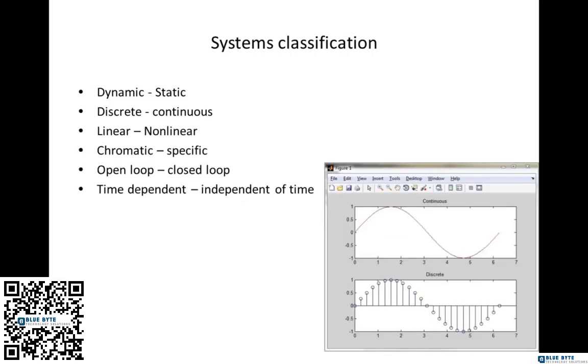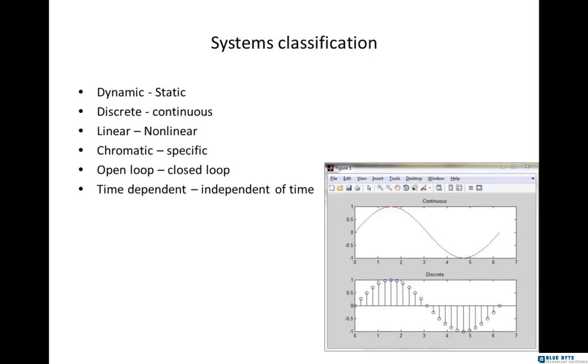As you see, most of the systems may be either static or dynamic. Also, there are different categories of systems that I will try to explain here. In the first category, there are two sets. We have dynamic and static systems.